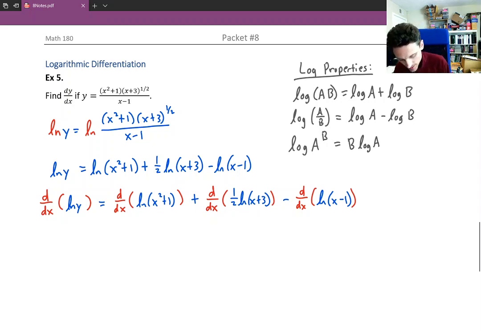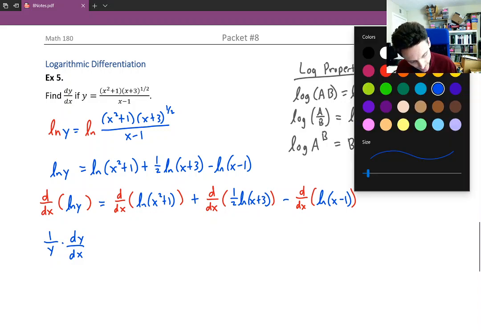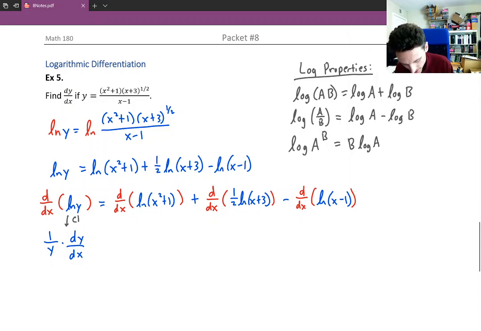So here, since instead of an x we have a y, we're going to write 1 over y. But then we're going to write times the derivative of the inside, so the derivative of y with respect to x, because of the chain rule. This is a chain rule that's going on here, where y is the inner function. In fact, I'm going to highlight that again. This is a chain rule.